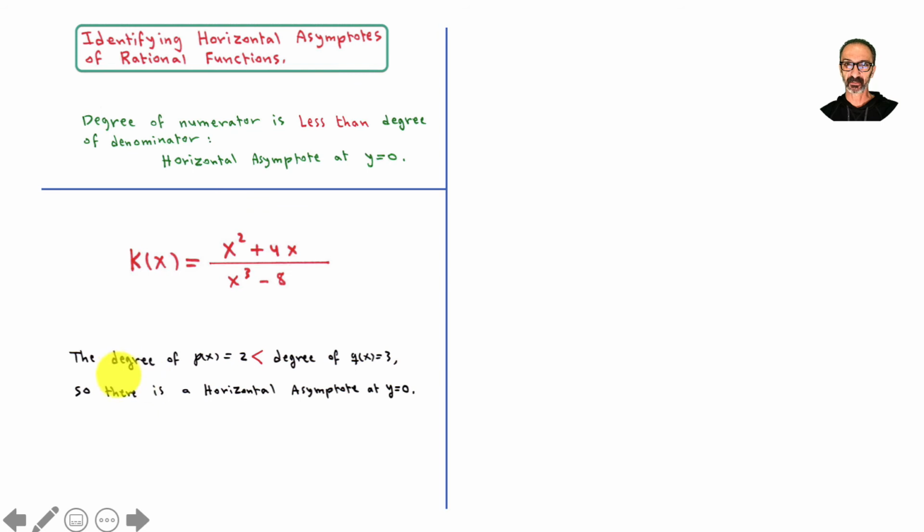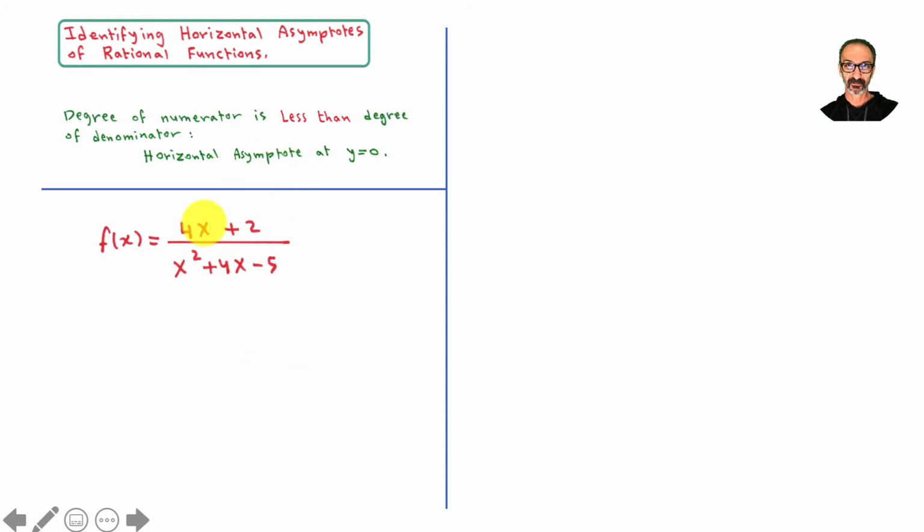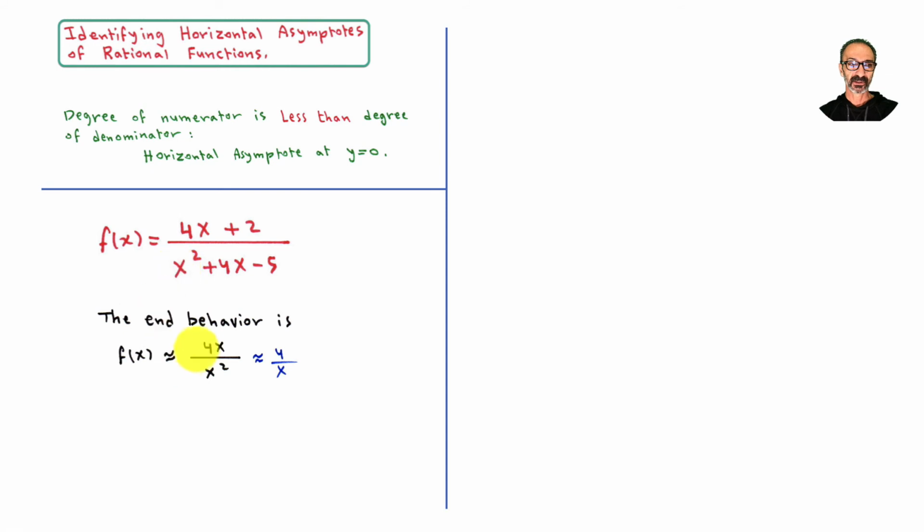Let's take another example of the same topic. Degree first, degree second. With that in mind, those are the main terms, the leading terms that affect the end behavior. Sometimes we describe it by g of x. Your f of x becomes almost another function, which is g of x, if you want to call it.